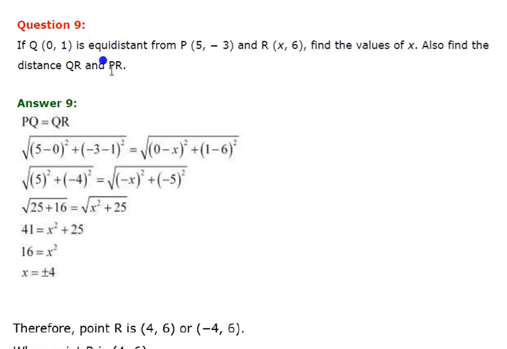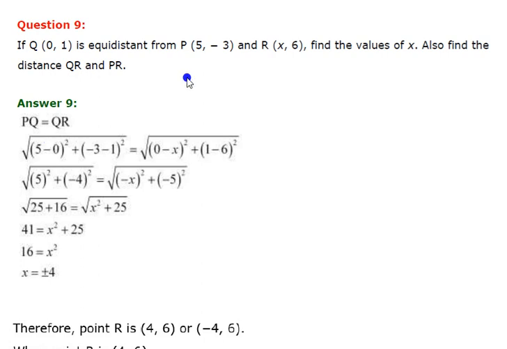Both answers are correct. There will be no change in the answer, because we are squaring in that formula. If a negative comes, the negative square becomes positive. So no need to worry whether P or Q is taken as x1 y1. Anyone out of PQ you can take as x1 y1 or x2 y2.